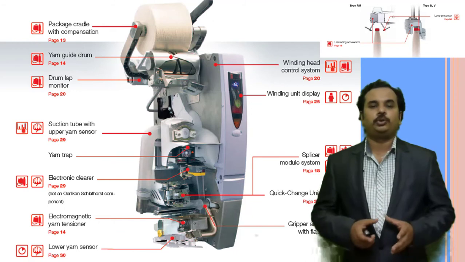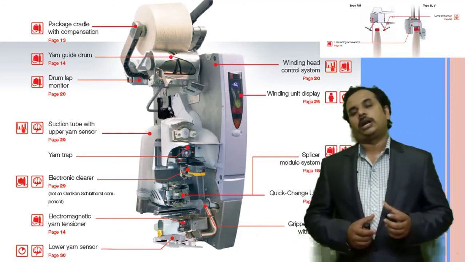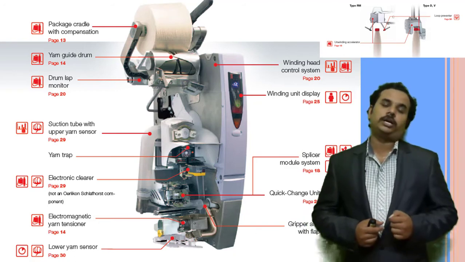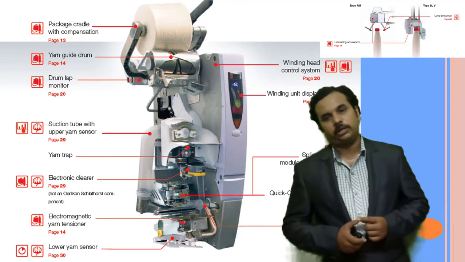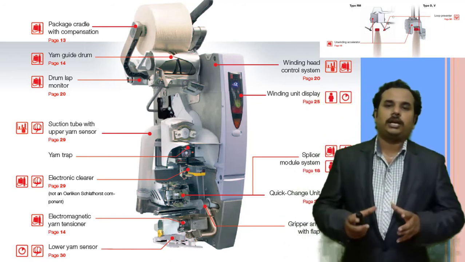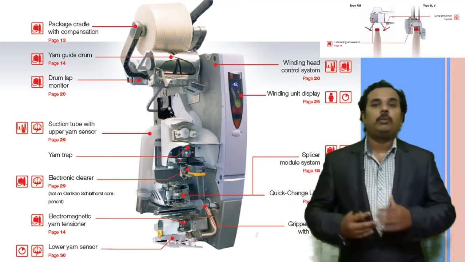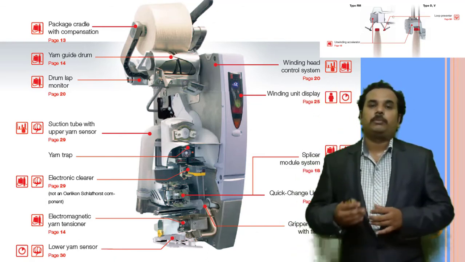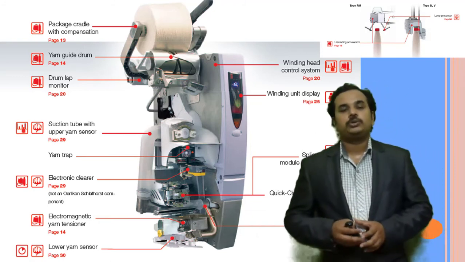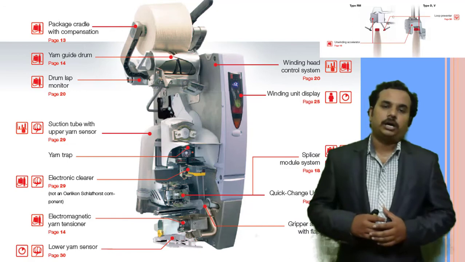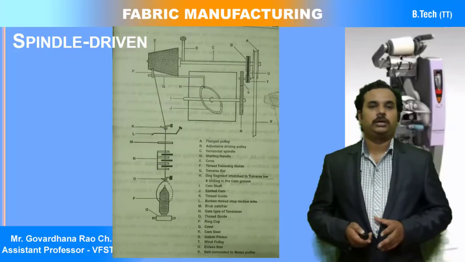This suction tube is used to take the yarn from the package as well as from the ring cop, so that the joining or splicing can occur automatically. You can see there is a drum and a winding head control unit, where the programmable motor is present in the head of the winding. So the complete look of this winding machine you can see here.